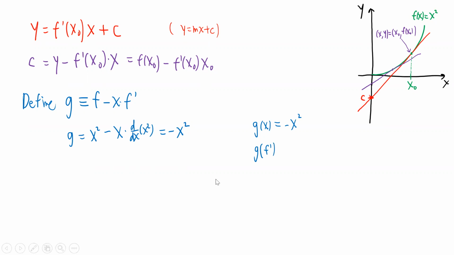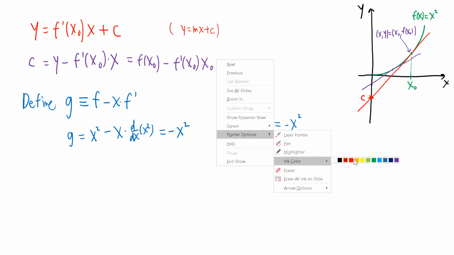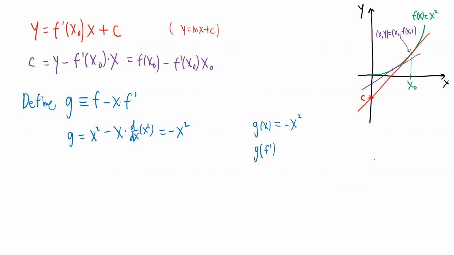Let me give a new name to the f prime. So let u equal f prime. That is to say, I want to find g as a function of u. What is the expression for that?